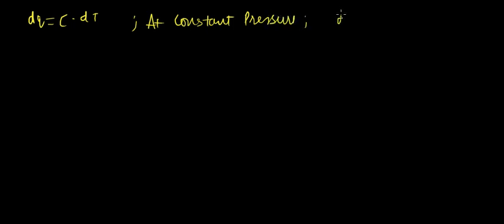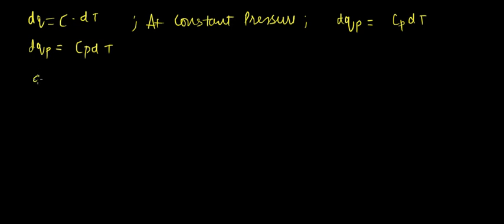So we can write that dq is equal to C dT. At constant pressure we can write that dqp is equal to Cp dT.